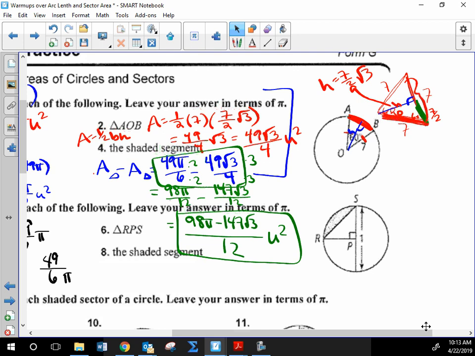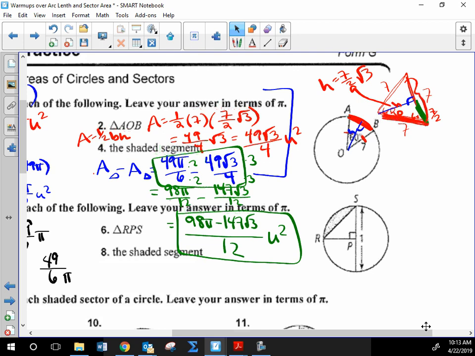My short is half the hypotenuse, so if my hypotenuse is 7, then my short side is 7/2. Then my long side is my short times root 3. So that's where my 7/2 is going. That was my height. And my base, because it says equilateral, gets cut in half, so you can say 7/2 times 2, which is 7.